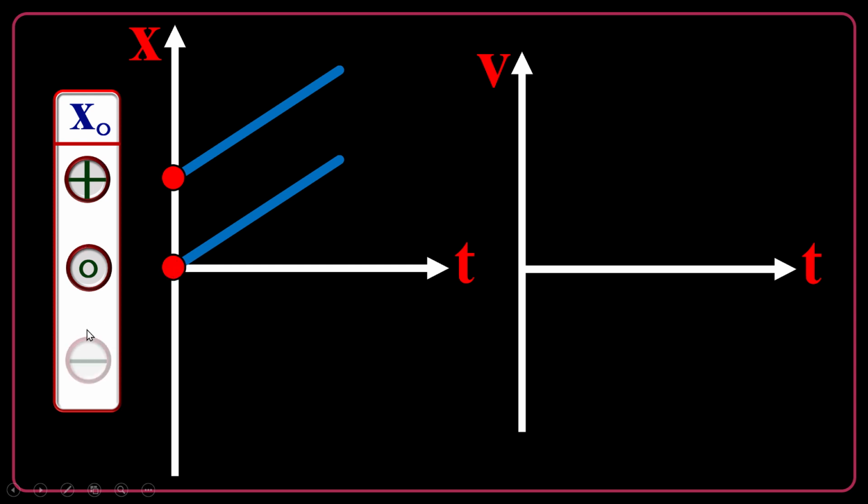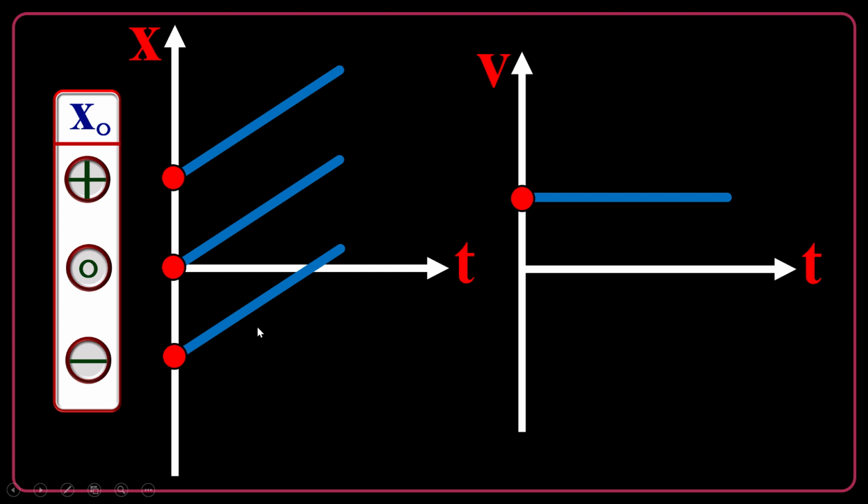If the x naught is negative, it will start from somewhere below the t-axis with negative vertical intercept but positive velocity. As they have all positive constant velocities, so basically the vt graph will be a line parallel to horizontal axis, the t-axis, and as the velocity is constant, it won't have any slope.